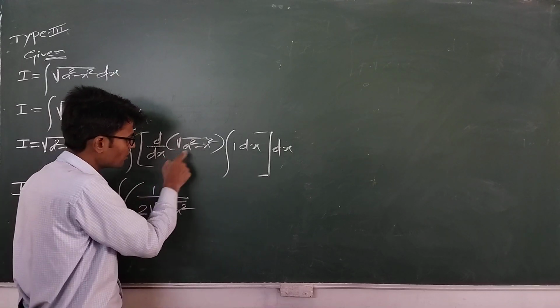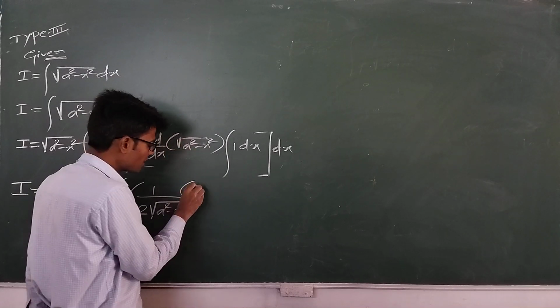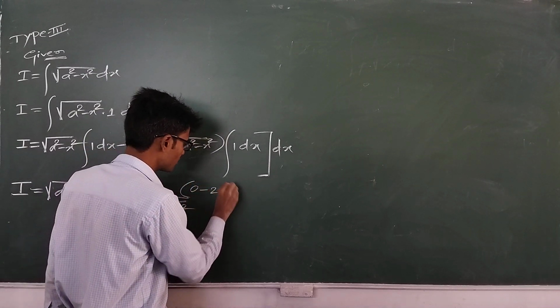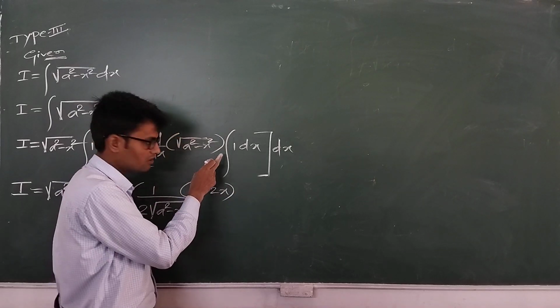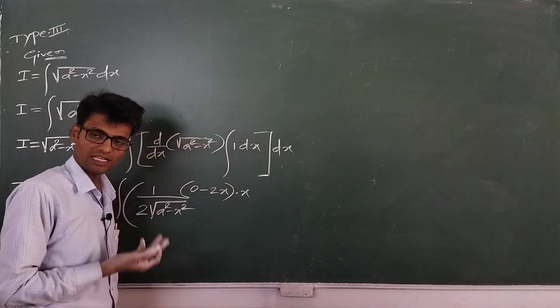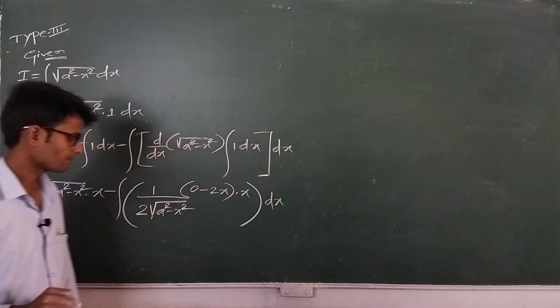So what is the derivative of this a square minus x square? a square is constant, so the derivative of a square is 0, minus the derivative of x square, which is 2x, bracket complete. And after that we have integration of 1 with respect to x, which is x, bracket complete, and finally you write dx.